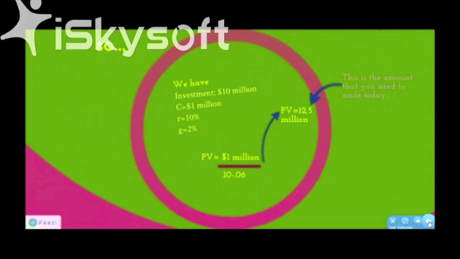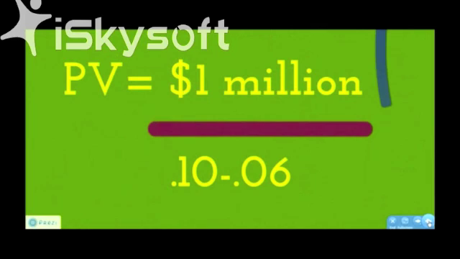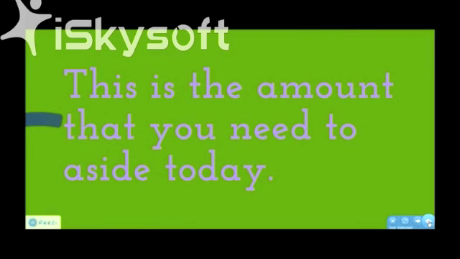The present value is equal to 1 million divided by 0.10 less 0.06, which gives us a present value of 12.5 million. This is the amount that you need to assign today.